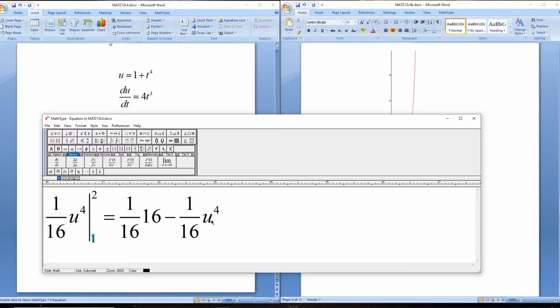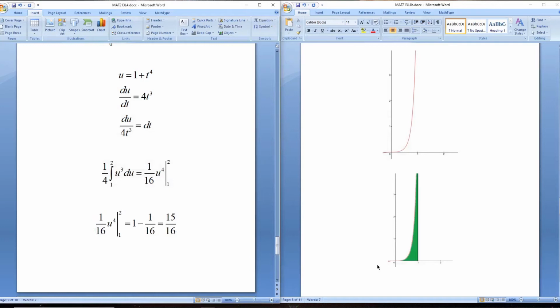So 1 to the 4th is 1. And we'll clean it up a little bit. So 1/16 times 16 is 1. And then we have 1 minus 1/16. So getting a common denominator of 16 would then mean 15/16 for our final answer.